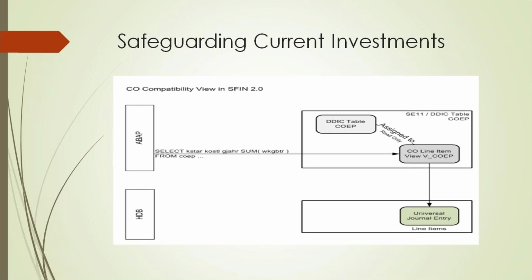So the ABAP code will not be able to insert any values in these tables. But as far as reading is concerned, if you just want to read the data whatever was stored in these tables, you can still use these ABAP codes to take the data. Clear? Any questions here? I mean the current ABAP codes.